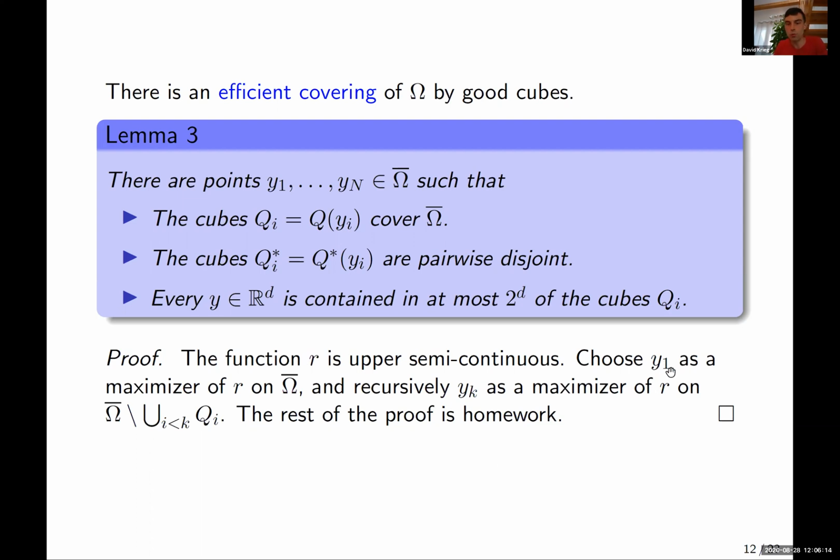So we can choose y1 as a maximizer of R on the domain, and then recursively yk as a maximizer of R on the domain which is not already covered. And for these collections of ys, we can actually prove these properties, but I don't do that now. I think it's for some calculus course exercise. So you can do that if you like, or you wait for the paper.